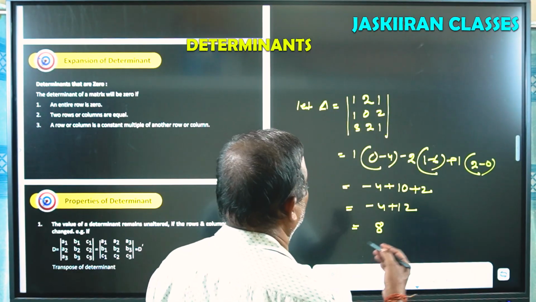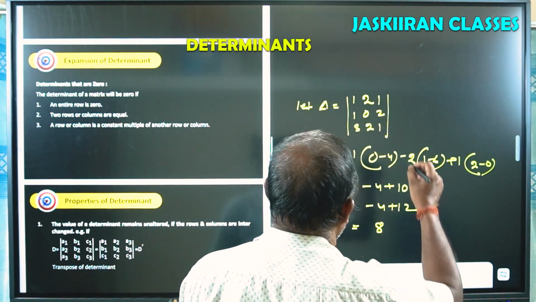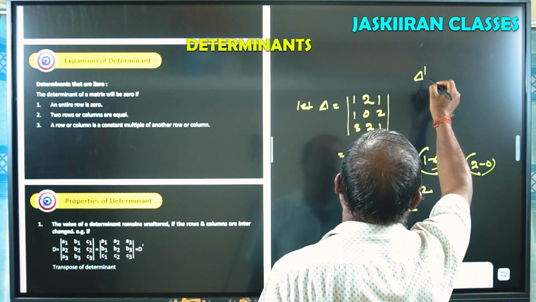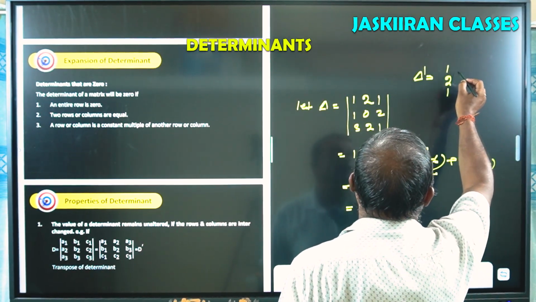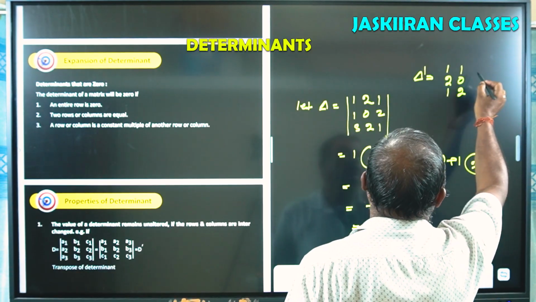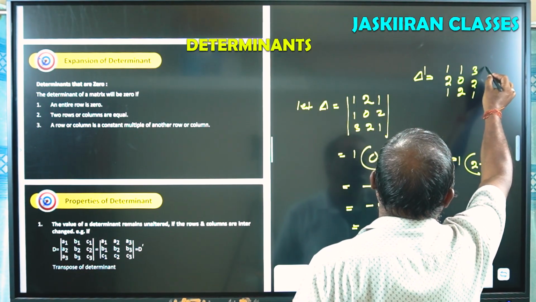Suppose we interchange all rows and columns. That is del dash. Del dash equals the matrix with rows 1, 2, 1; 1, 0, 2; and 3, 2, 1.